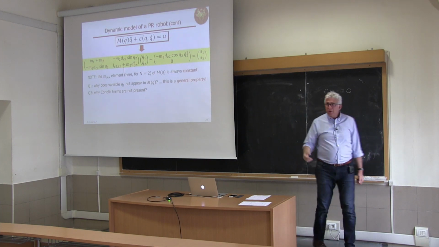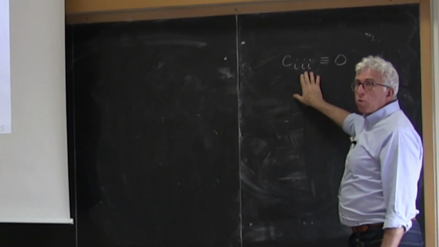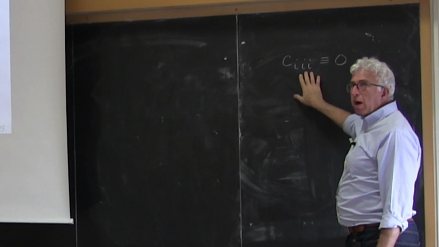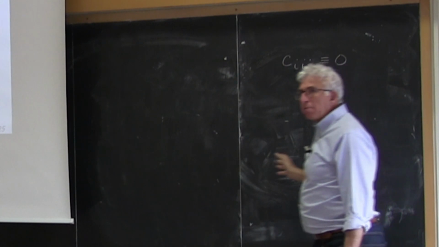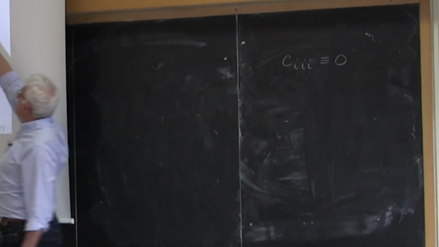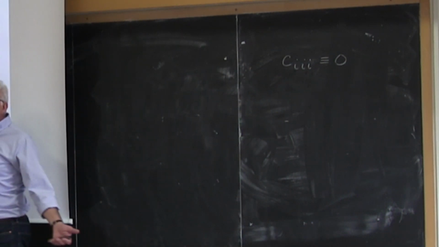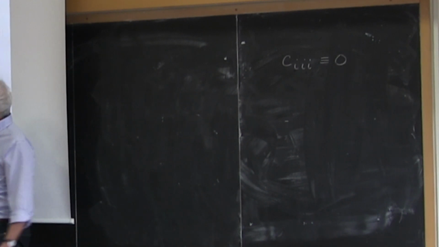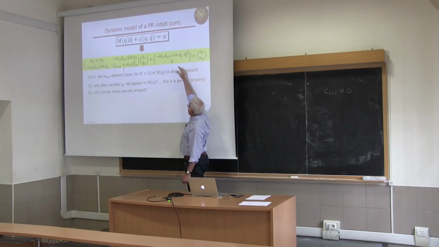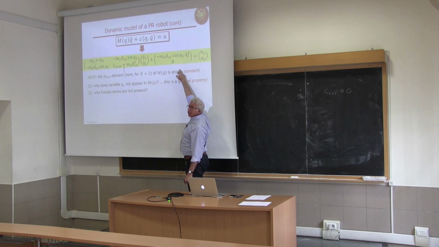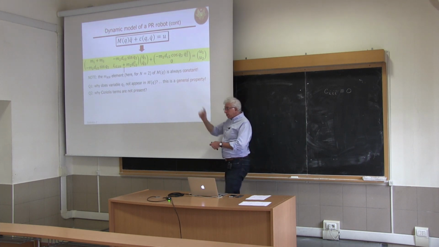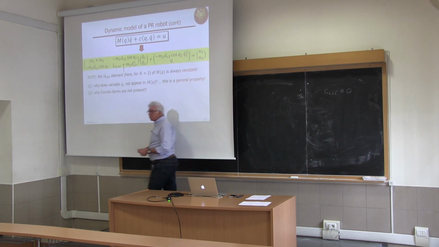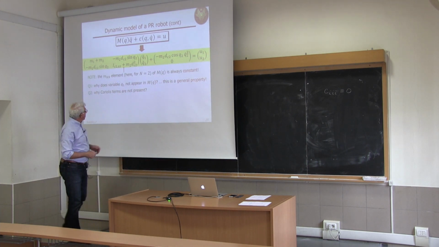So the contribution that the squared velocity of joint i, so qi dot squared, has on joint i is always 0. So if you find here q1 dot squared, you have made a mistake in the computation. Okay? Here you don't have any centrifugal effect on joint 2 due to the motion of joint 1. In the same way, you don't have Coriolis terms, neither in joint 1 nor in joint 2. And you can reason about this.